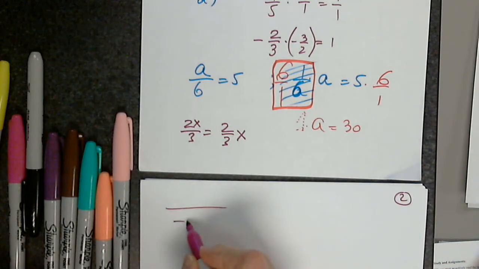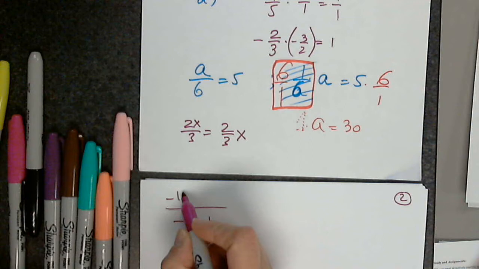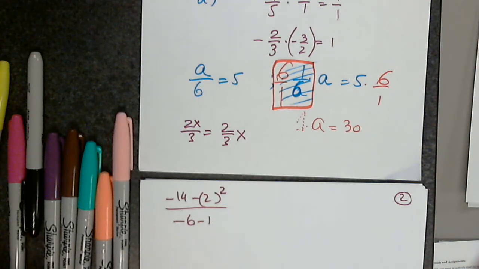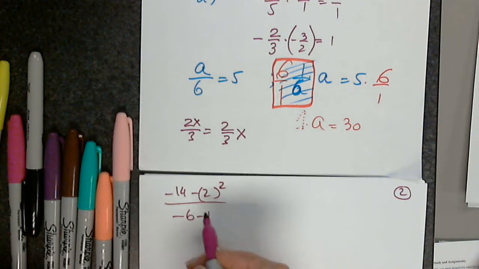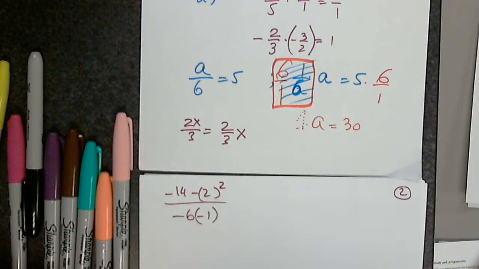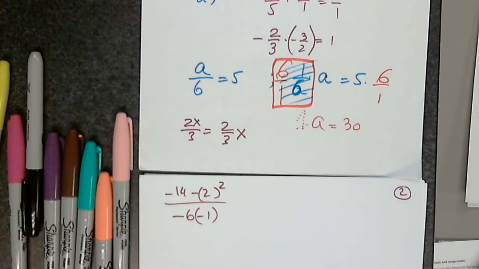So it's negative 6 minus 2? Minus 1. And negative 14 minus 2 squared like this? Yeah, but the 1 is in parentheses. Is there another symbol between negative 6 and negative 1? No. Very good. So here we are asked to simplify this expression. Where do I start? What do I do first?